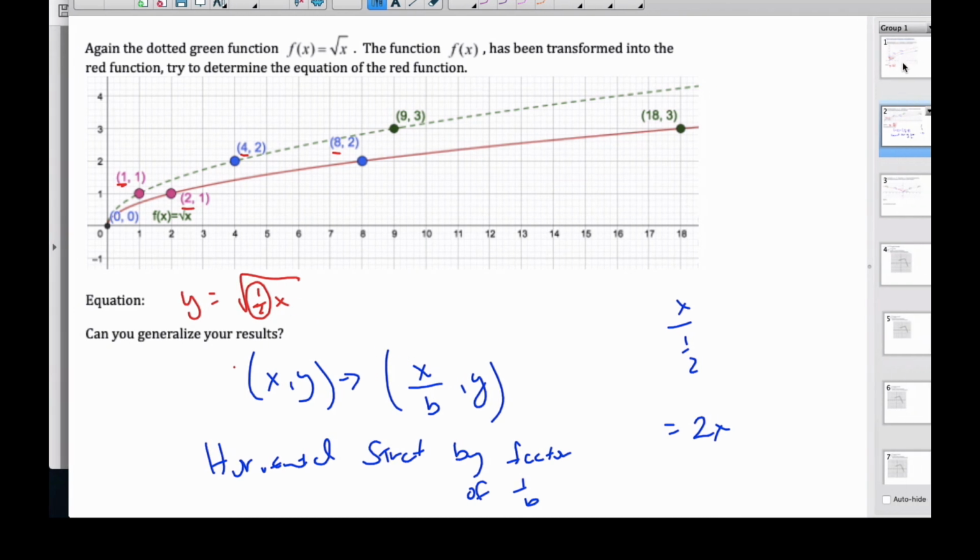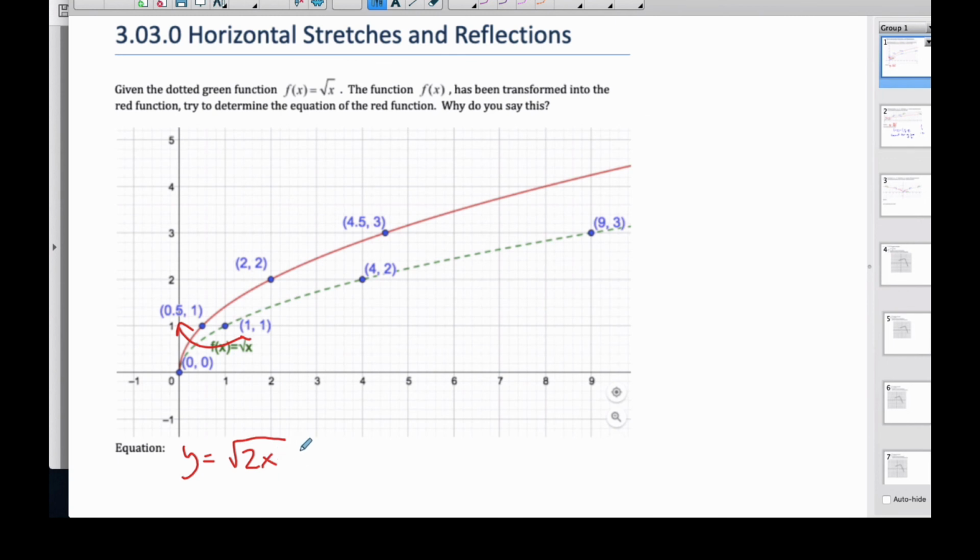So when I look at this scenario here, I'm going to be stretching it by 1/2. A horizontal stretch by 1 over the b value, which is 2. And so the x value is multiplied by 1 over 2. And that's our horizontal stretch. This horizontal stretch is by far the hardest transformation we'll do all year.